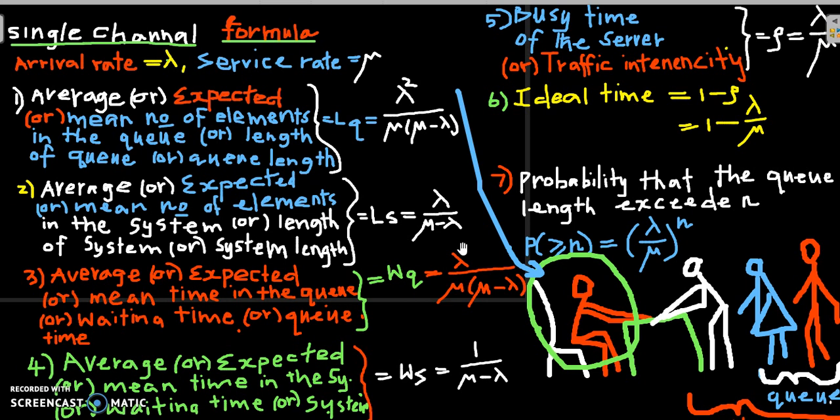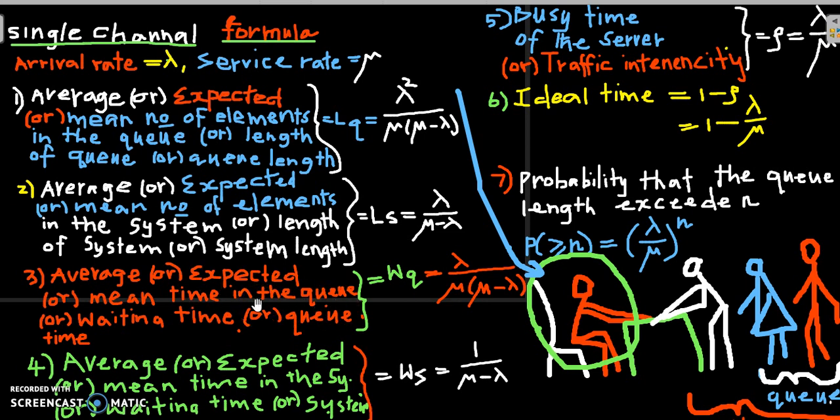Okay, right. Next one is the expected mean time in the queue. That is waiting time in the queue, given by the notation WQ. WQ means waiting time in the queue. That is, on average, how long a single person has to wait to get his work serviced.